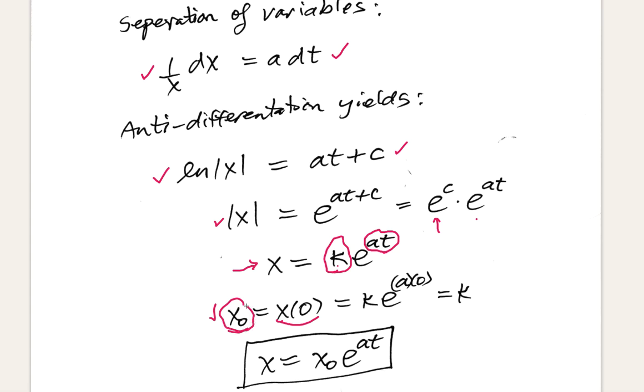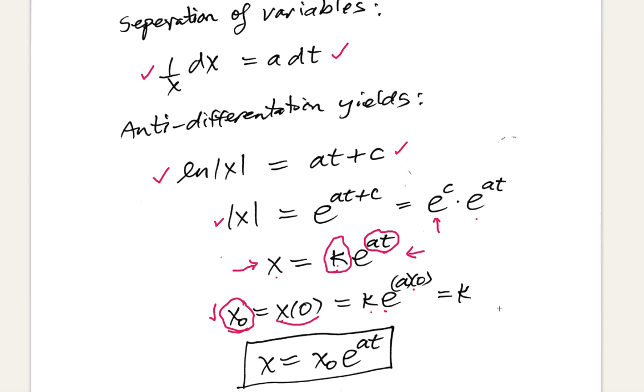It's some number. Okay, now since x in general as a function of t, time, say, is given by this formula, in the case where I'm letting t equal 0, I would have x of 0, which is k e to the a times 0 power. Notice e to the a times 0 is e to the 0. That's just 1.